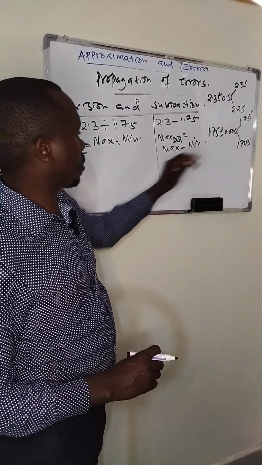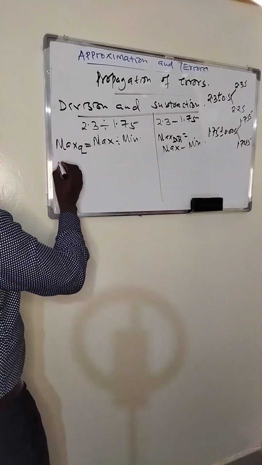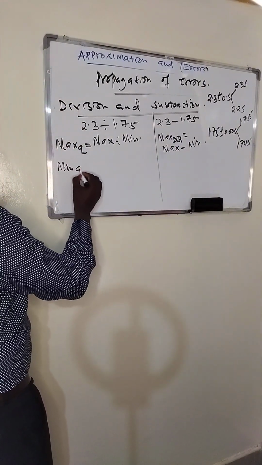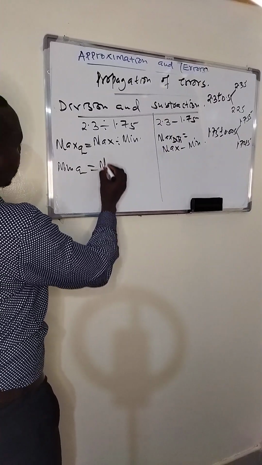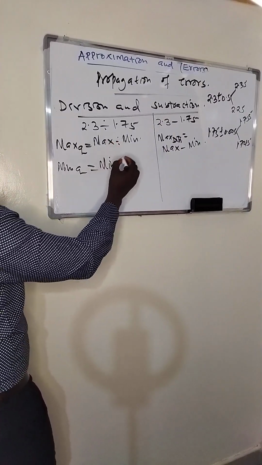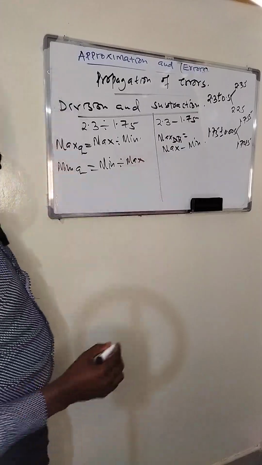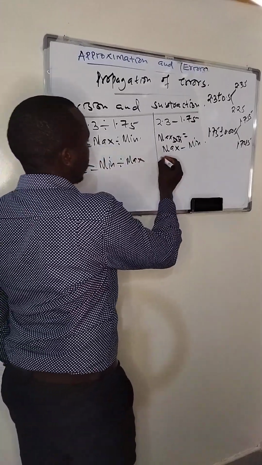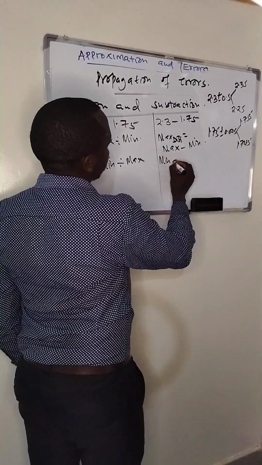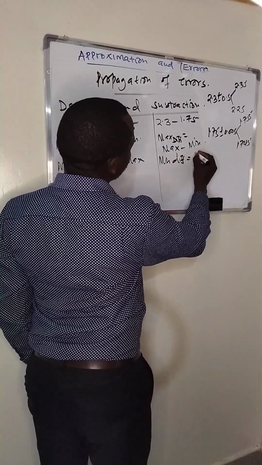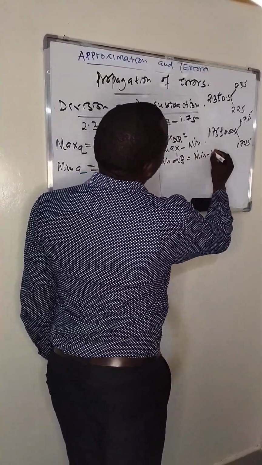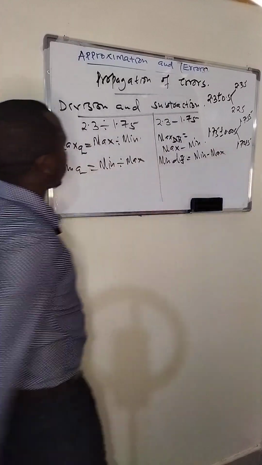Subtraction, maximum minus minimum. Then for the minimum quotient, you interchange: minimum divided by maximum. Then subtraction, again, minimum difference, you take minimum minus maximum.